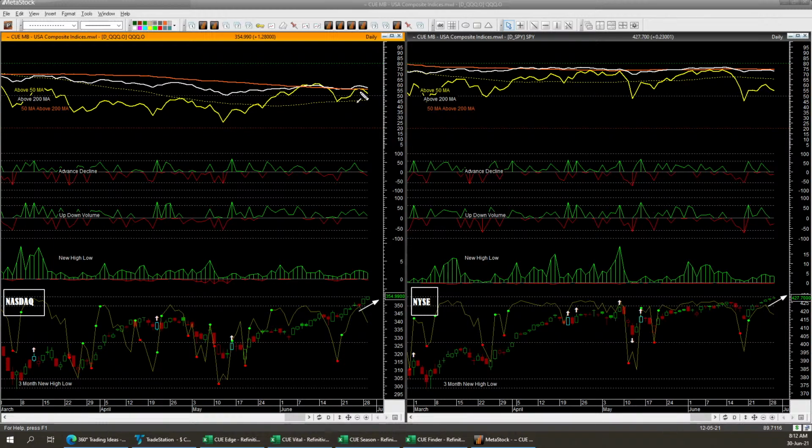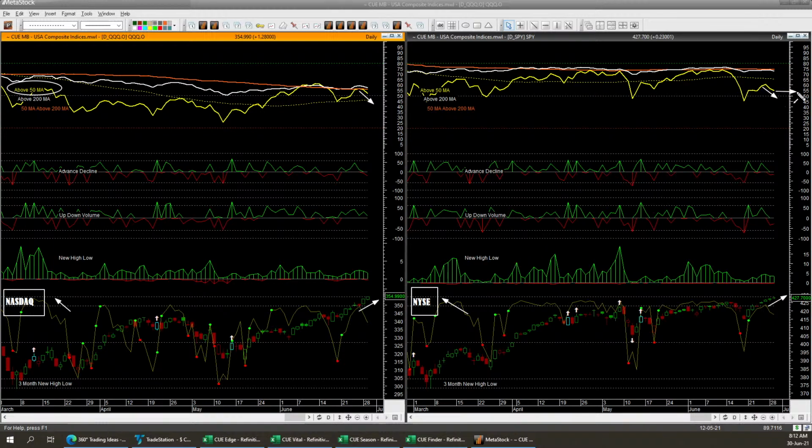However, on Monday and Tuesday, the yellow line came down for both Nasdaq and NYSE, showing that the percentage of stocks above 50 MA came down for both of them. That is showing that Monday, Tuesday, the broad market was not going up, it was coming down.